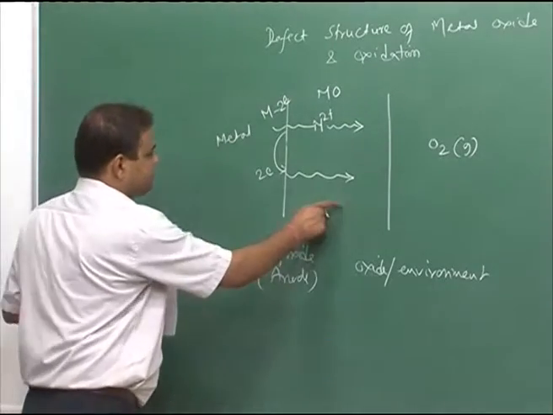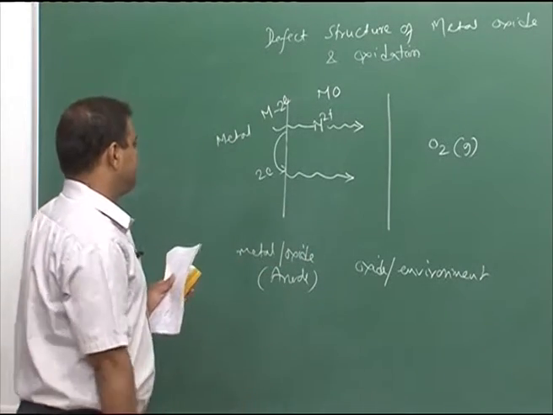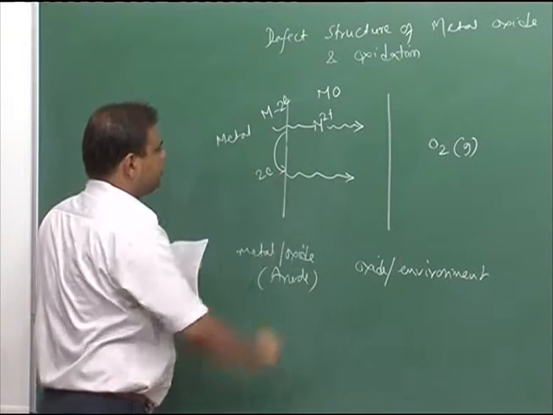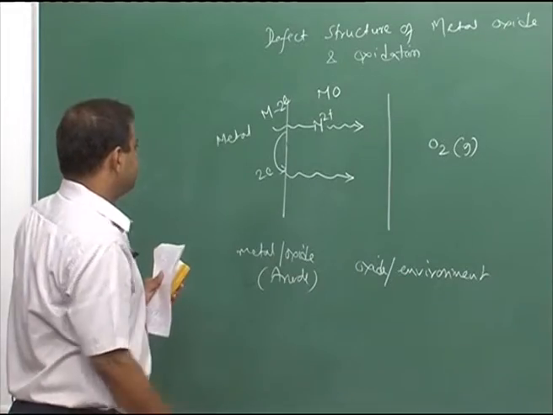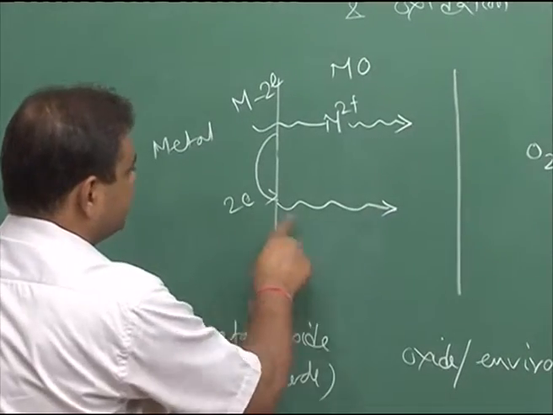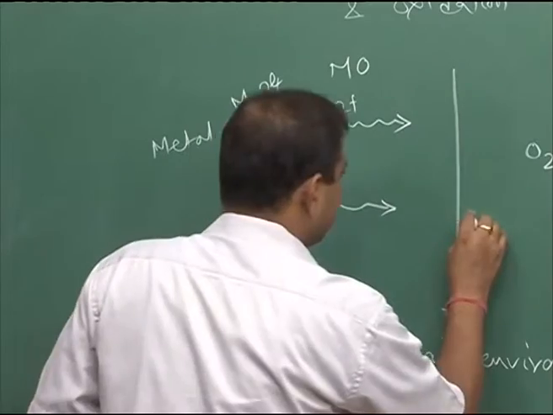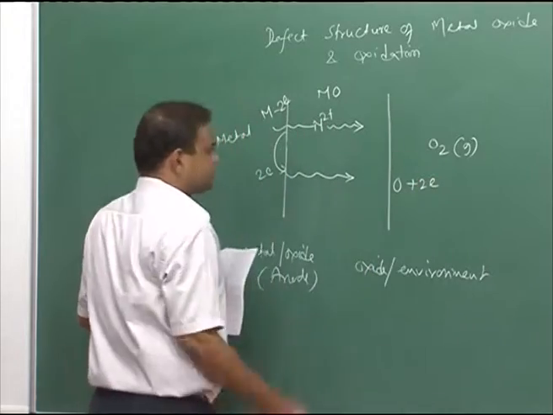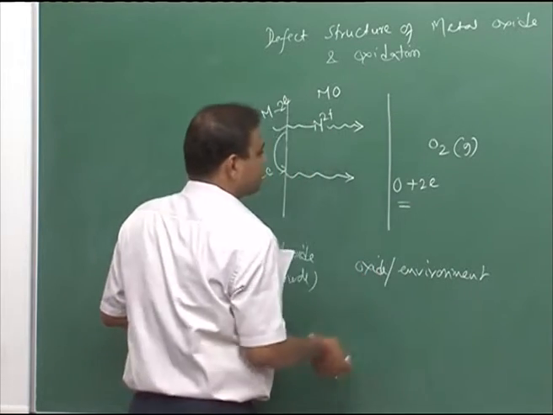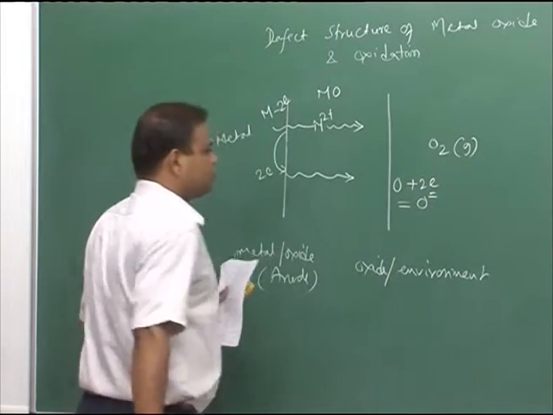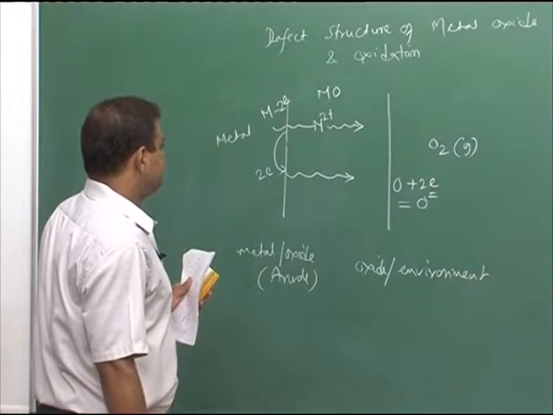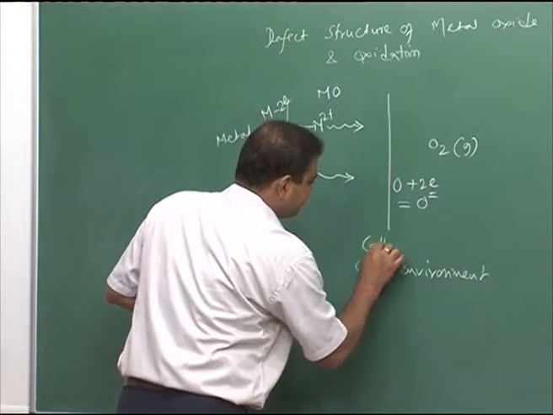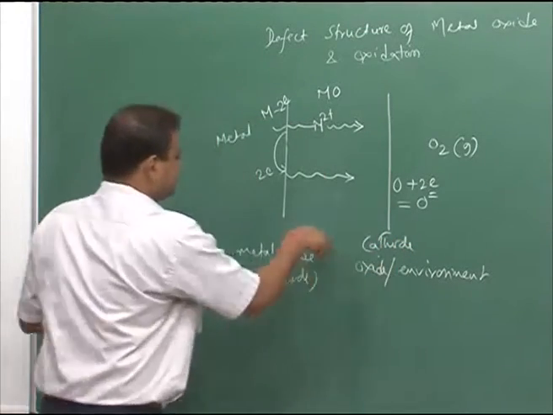That means oxide is acting as a conductor because it is also transmitting electrons from one end to the other end, and these 2 electrons, adsorbed oxygen will accept, which is basically a reduction process, and go to oxygen 2 minus. So, this is the cathodic side, this interface is the cathode.